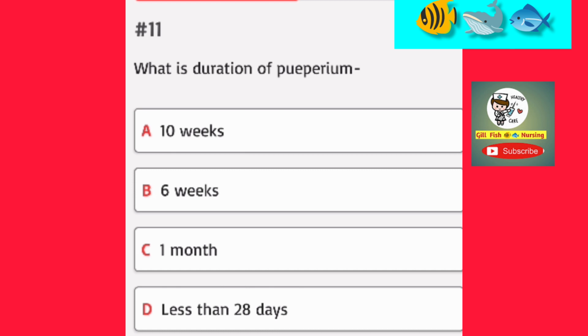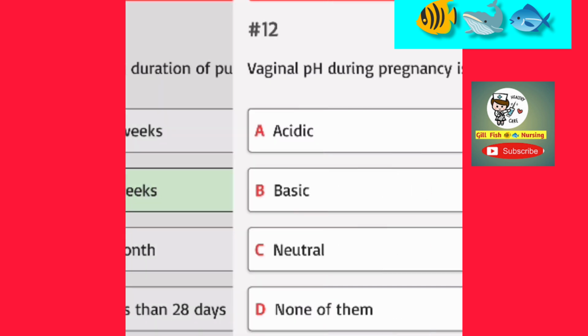So the correct answer is, you know that the postpartum period is the 6-week phase from childbirth until the mother's reproductive organs return to the original state. That is called puerperium or the postnatal period. Okay, we can move on to the next question.